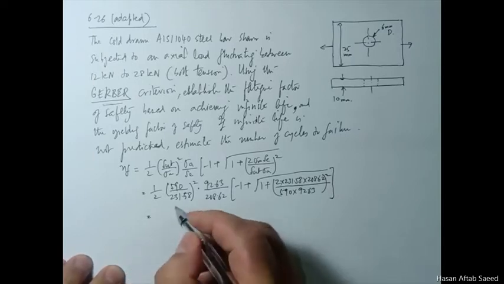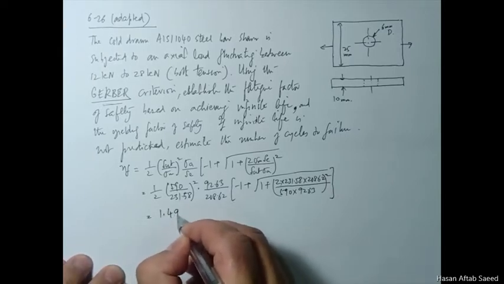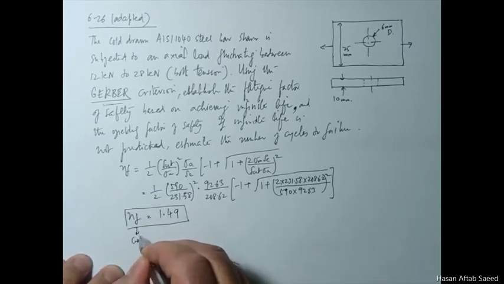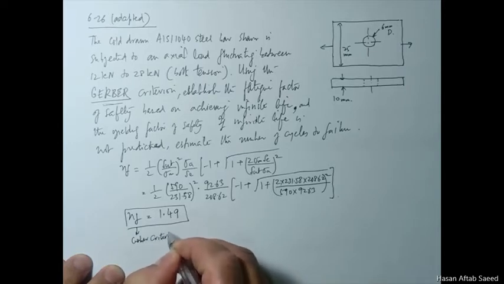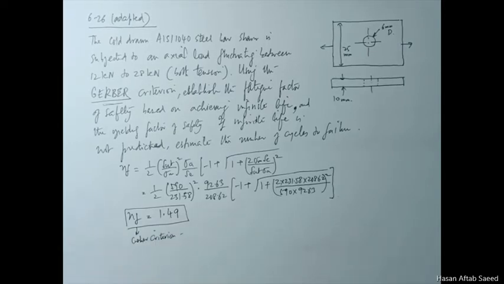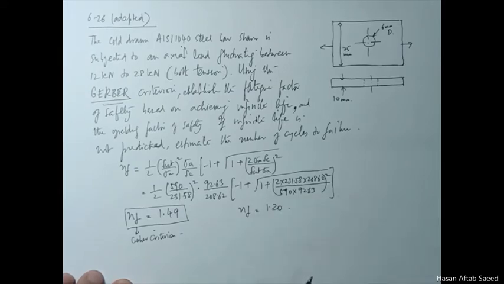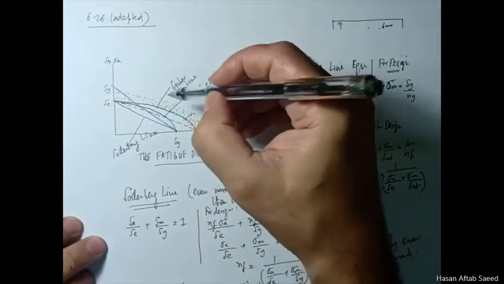And if you calculate this, this should be 1.4. This is for the Gerber criterion. Now if you recall, when we did the same problem using the modified Goodman criterion, the NF there was 1.20, and that stands to reason because modified Goodman is a conservative criterion.